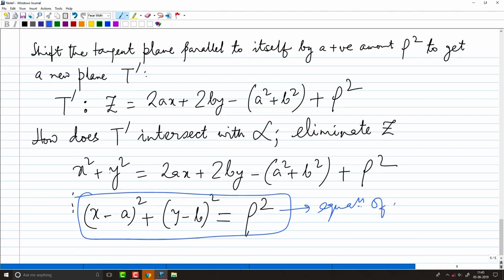The equation of a circle of radius rho in the original plane, right, not on the lifted plane, in the original plane.